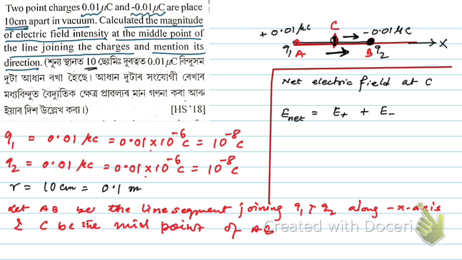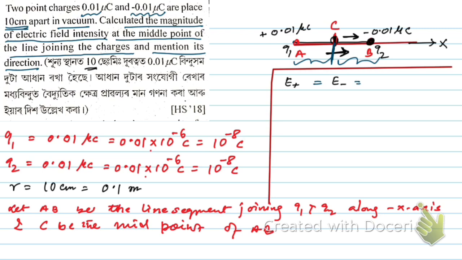And here, as the magnitude of each charge is the same but opposite in nature, and as this is the midpoint, the strength of the electric field due to both charges will be the same. Before writing the net electric field, let me mention one more thing: the electric field due to the positive and negative charge, their magnitudes will be the same.